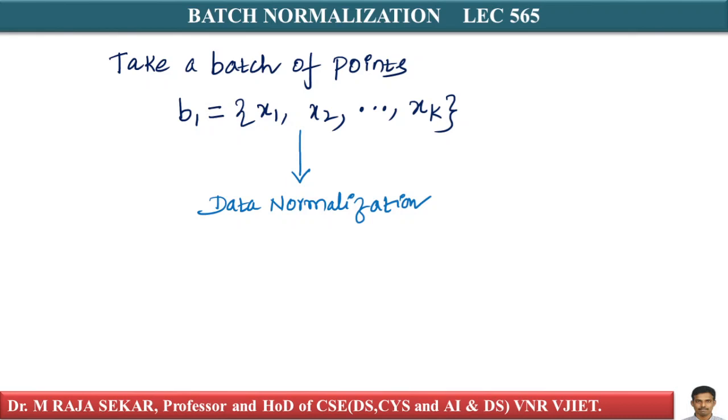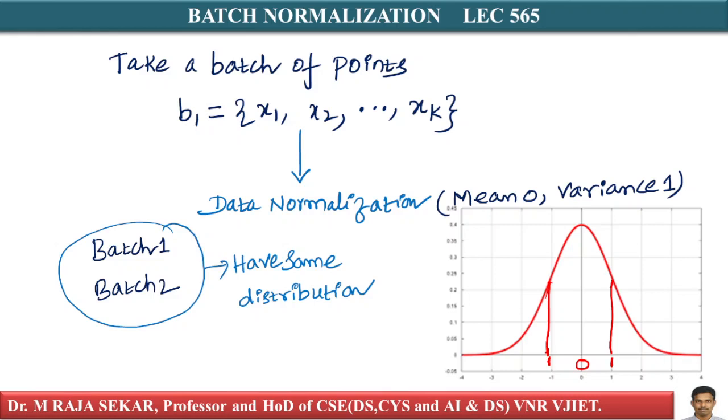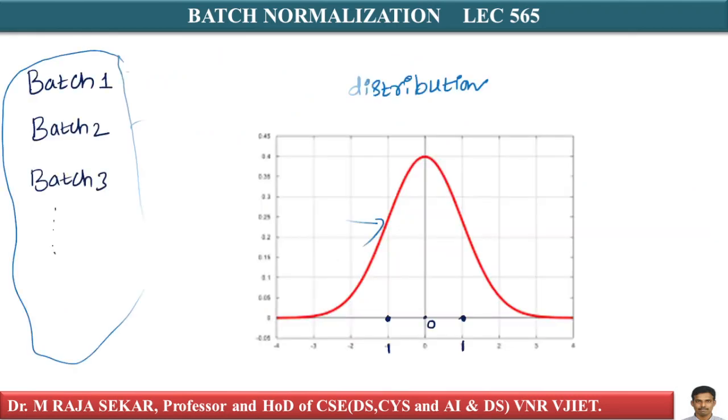If one batch has this distribution of inputs, because I am normalizing it to mean 0, variance 1, the second batch and the third batch will also have the same distribution, mean 0 and variance 1, because I am explicitly normalizing each batch of inputs. Remember, not the whole data, but just the batch.